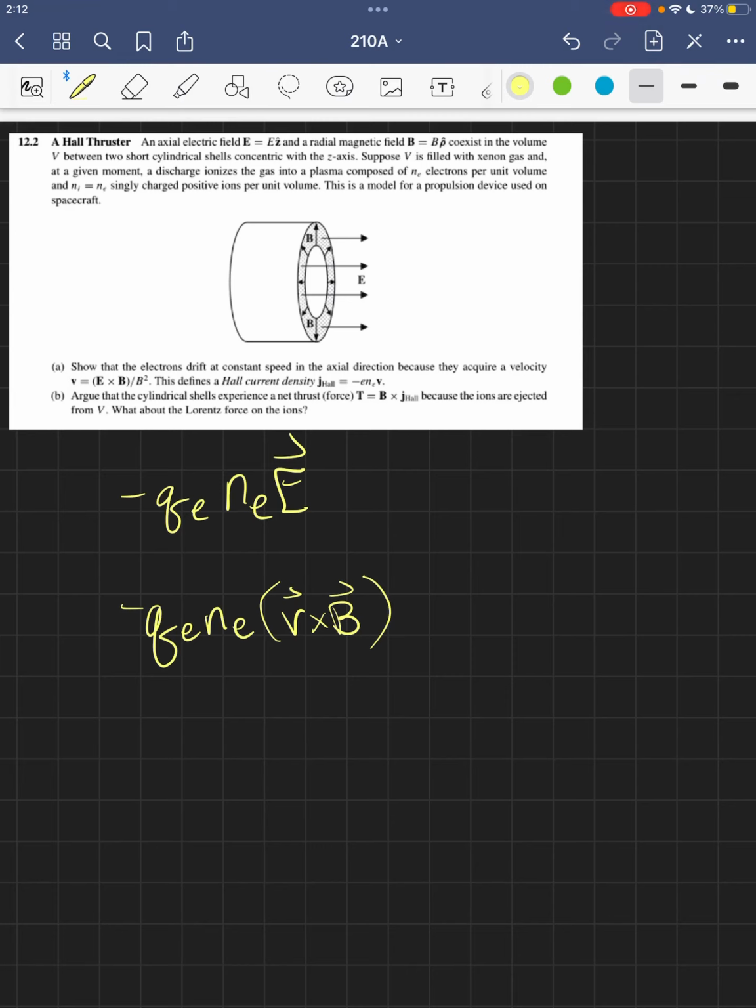We're going to impose that these have to equal each other, F_E or F_L, whatever you want to say. So the electric field is going to be equal to negative V cross B.